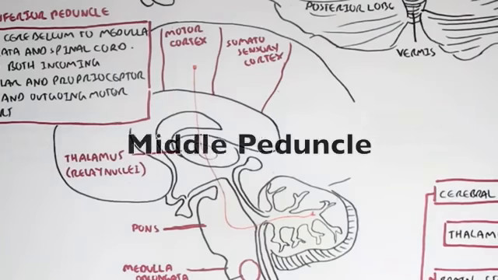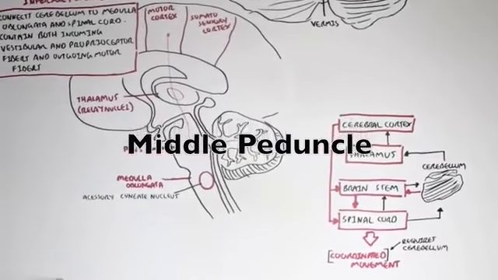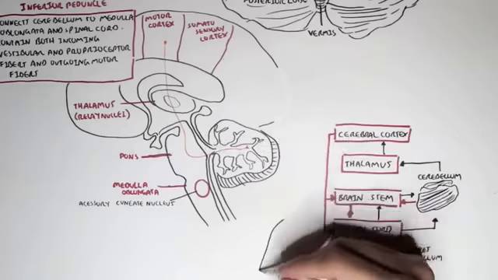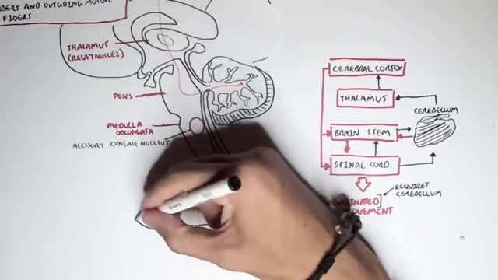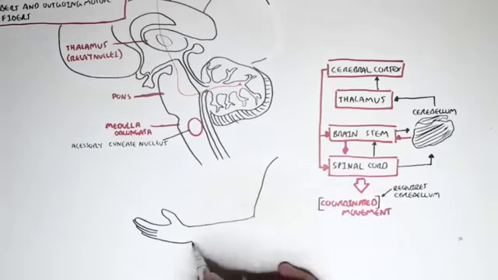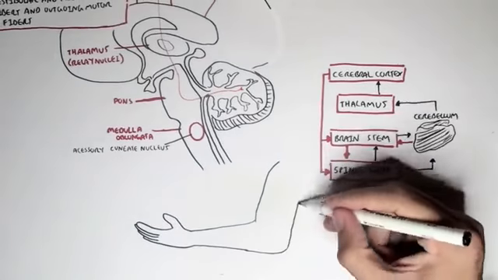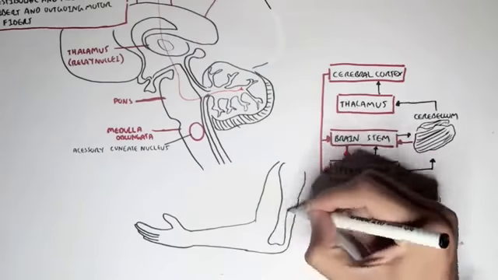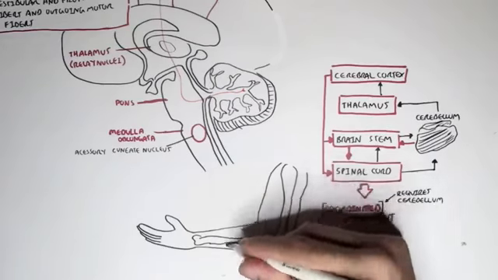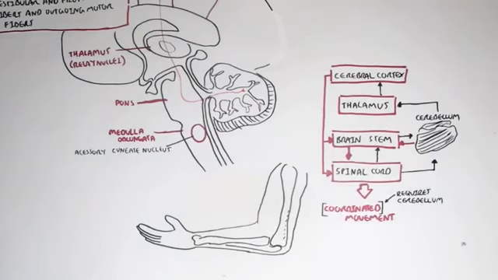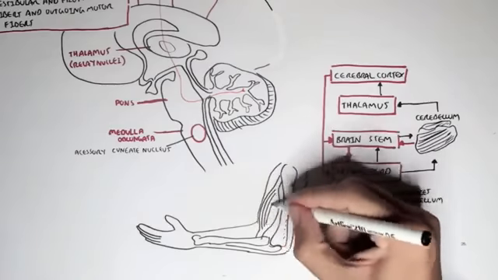And it sends these signals through the middle peduncle. And at the same time, the cerebellum actually receives signals from many different limbs continuously. For example, it receives signals from proprioceptors in the biceps and in the joints of the biceps to notify the cerebellum of its position.